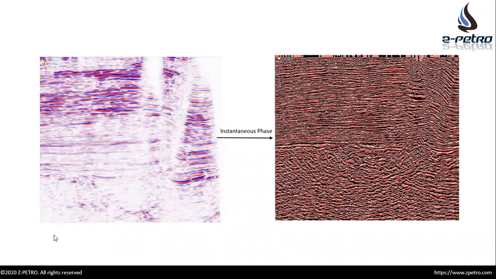There the data set is of low quality, so you cannot even see the information. This is a cross section. The instantaneous phase is applied on the cross section, not on a 2D surface or 3D surface.